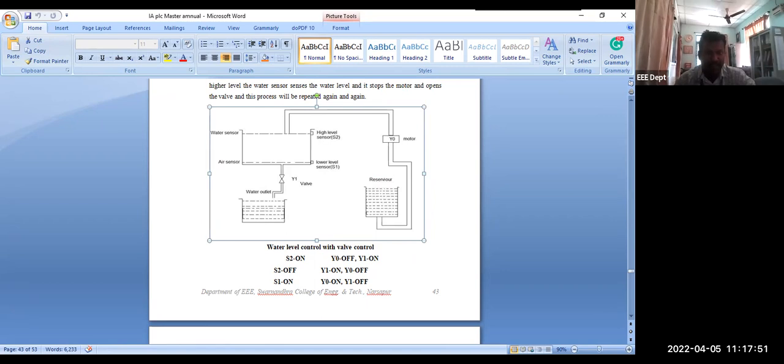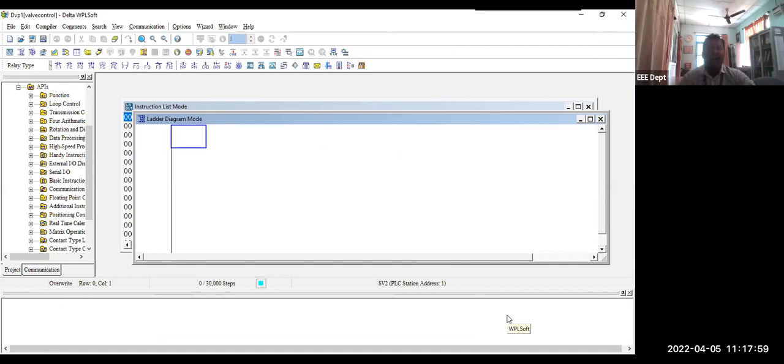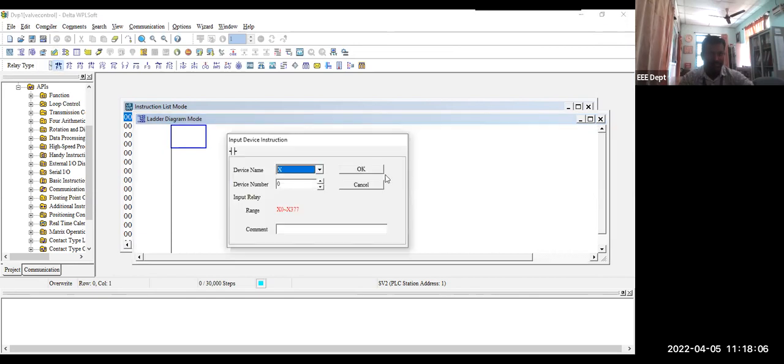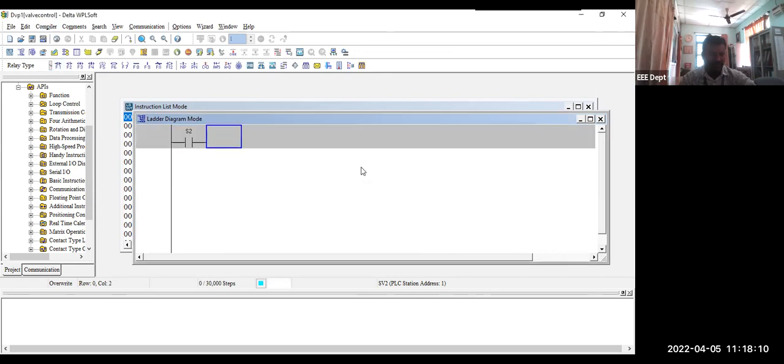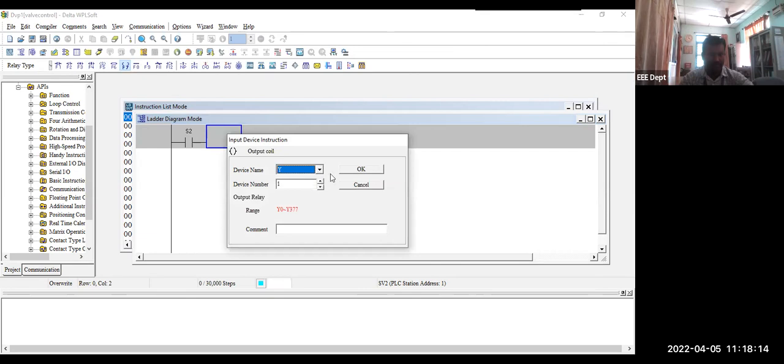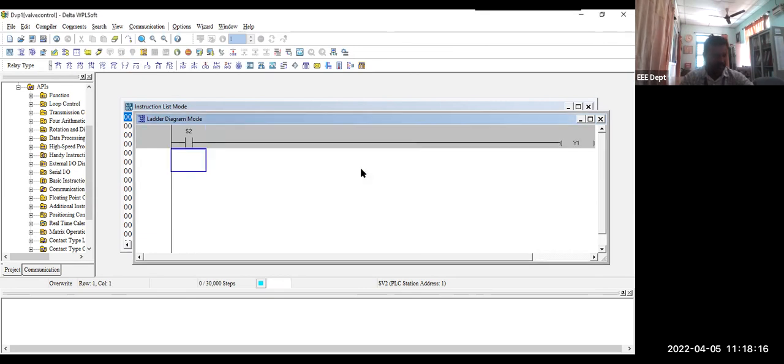I will share screen. I will draw the ladder diagram also. Okay, here S2, Y1. So Y1 is latching.